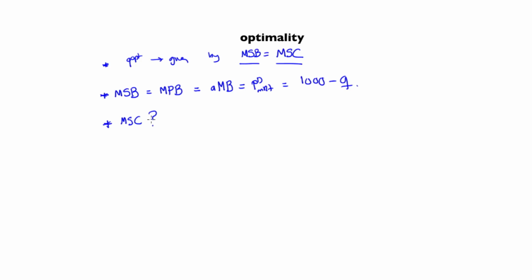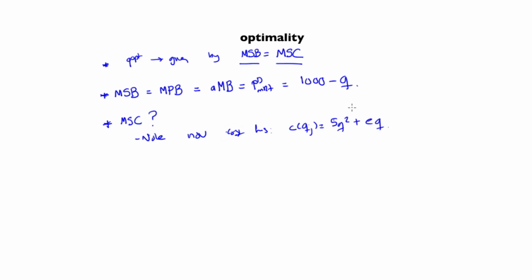Now, what is going to be the marginal social cost is the cost of increasing production by a tiny amount. Notice that the individual cost functions for the firms are C(Qj) equals 5Q squared plus EQ.